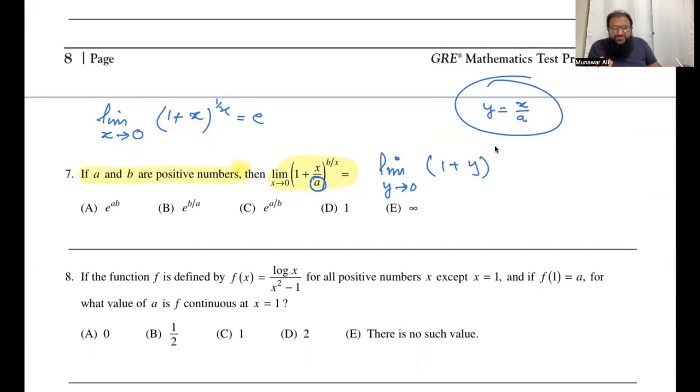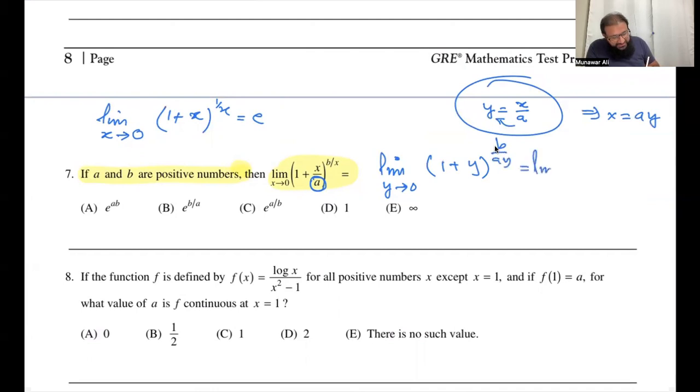So what is going to be the value of b over x? It's simply b over, the value of x from here is going to be a times y. So this is going to be a times y.